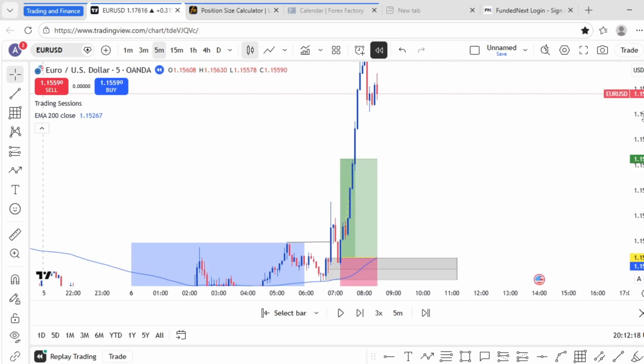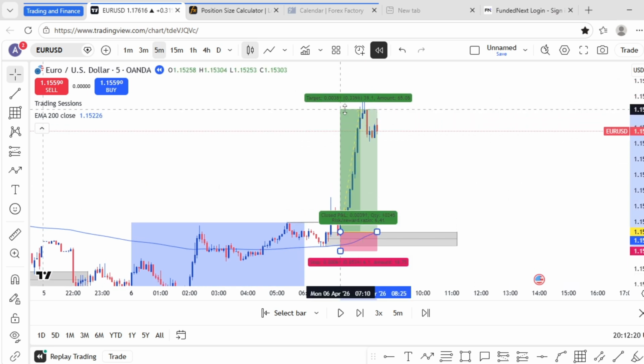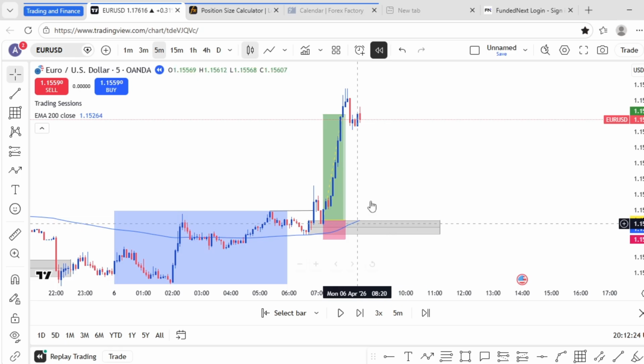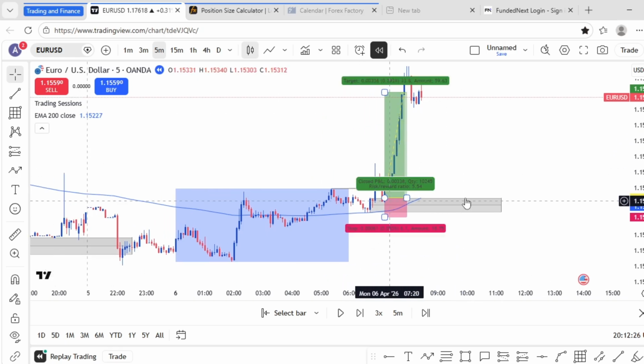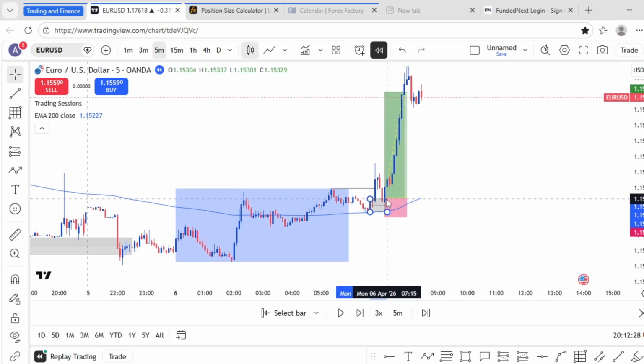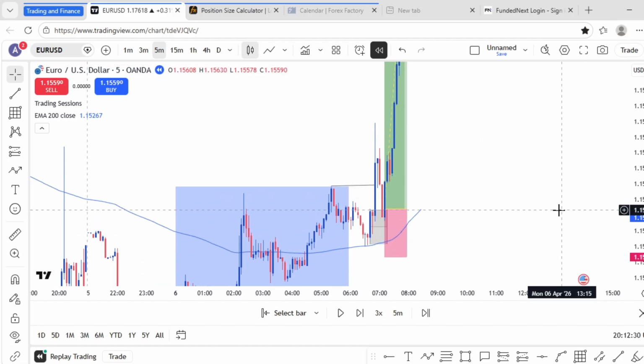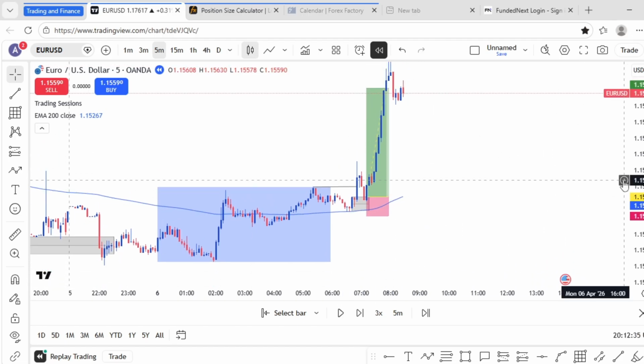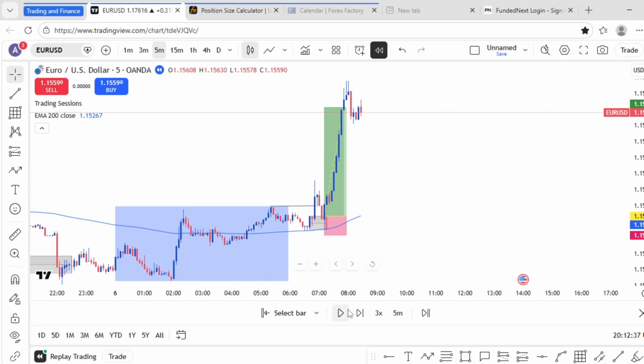If we also decided to target 1:5, a higher risk reward, we would still have hit take profit using this simple analogy.